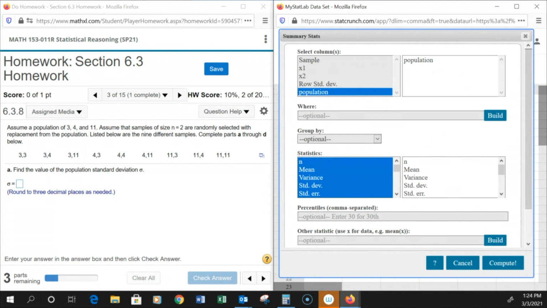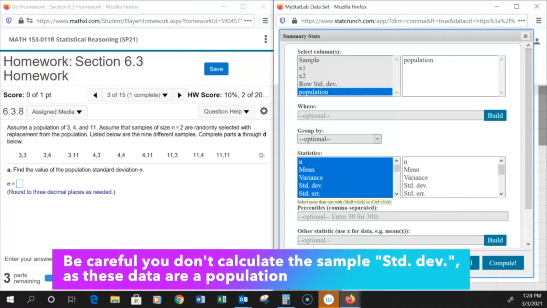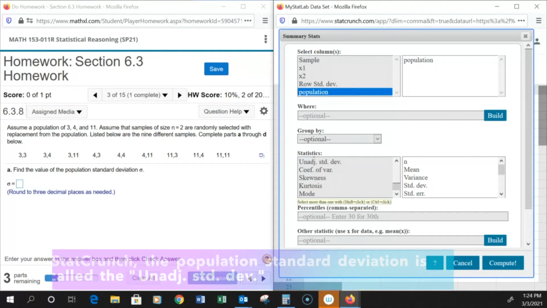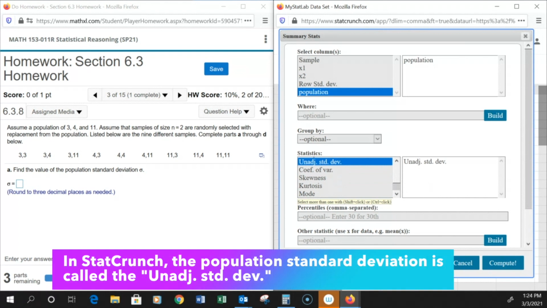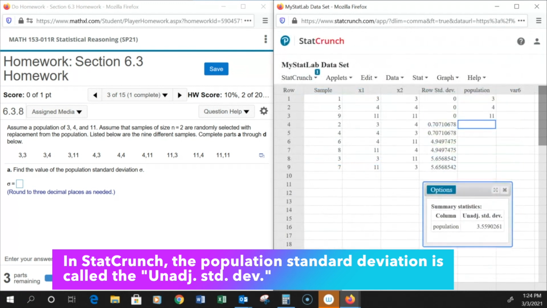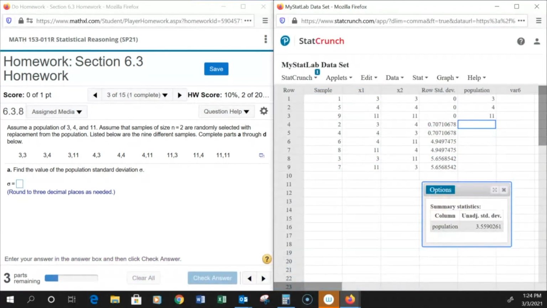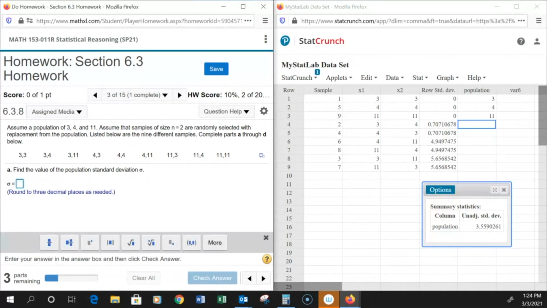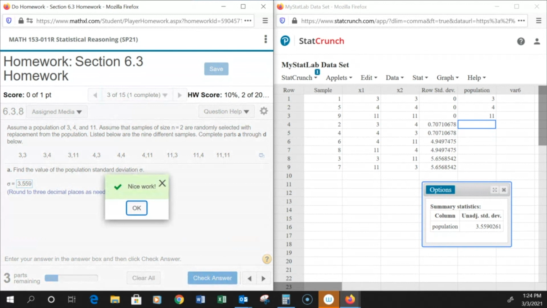And we want to know the population standard deviation. Again, don't click this because this is sample. Don't click this one. Scroll down almost to the bottom, the unadjusted standard deviation, because it has a denominator of n instead of n minus 1. And we compute it, and it comes out to be 3.559. They want it in 3 decimal places, so I'm going to put that 3.559.